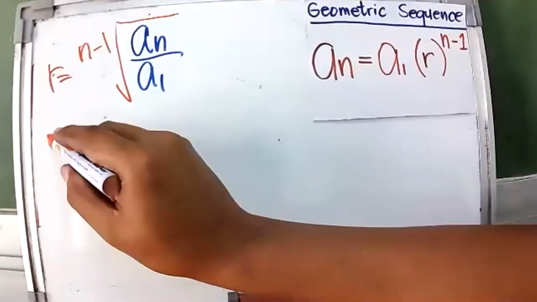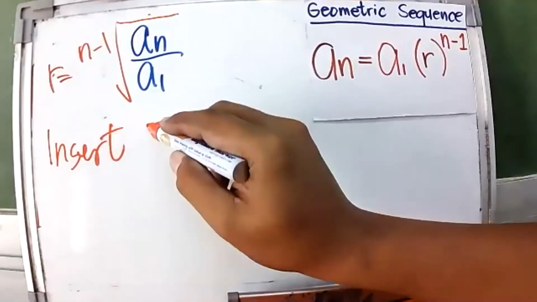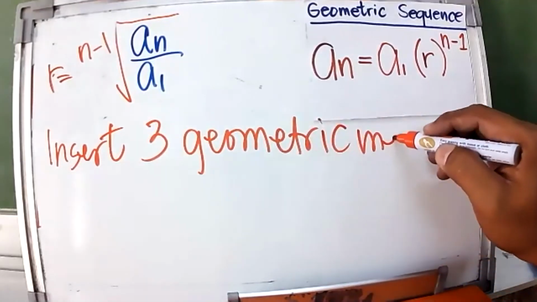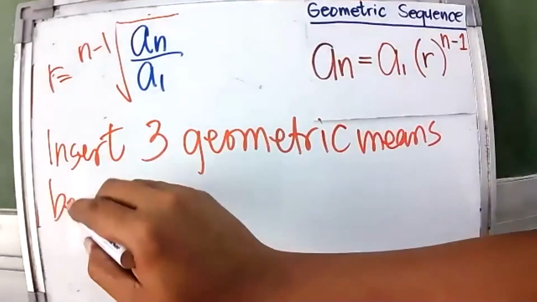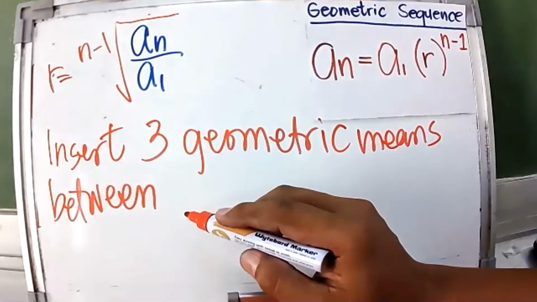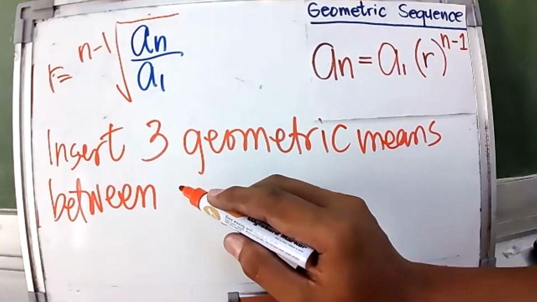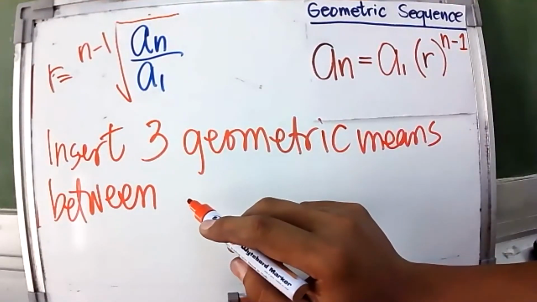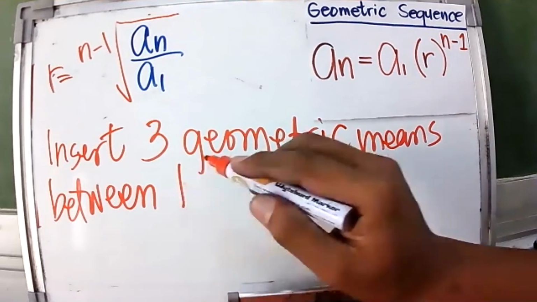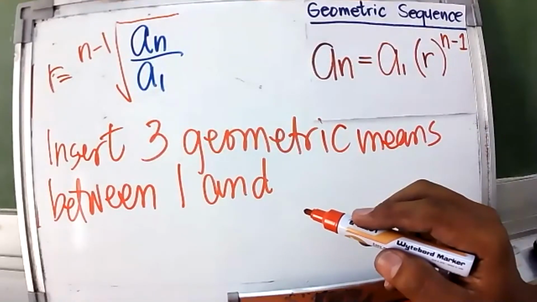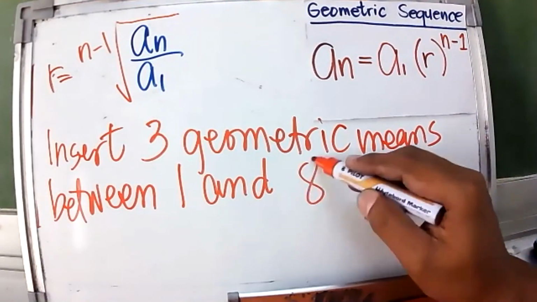Insert 3 geometric means between 1 and 81.